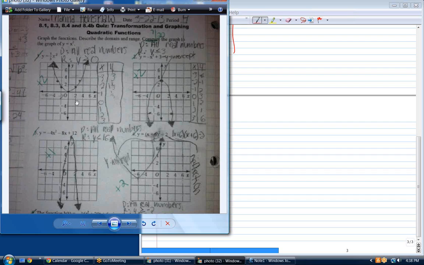I'm not sure. She didn't tell us. I see what's missing. It says graph the function, which you did. It says describe the domain and range, which you did. And then it says compare the graph to the graph of y equal x squared, which I don't see. So I didn't do that.